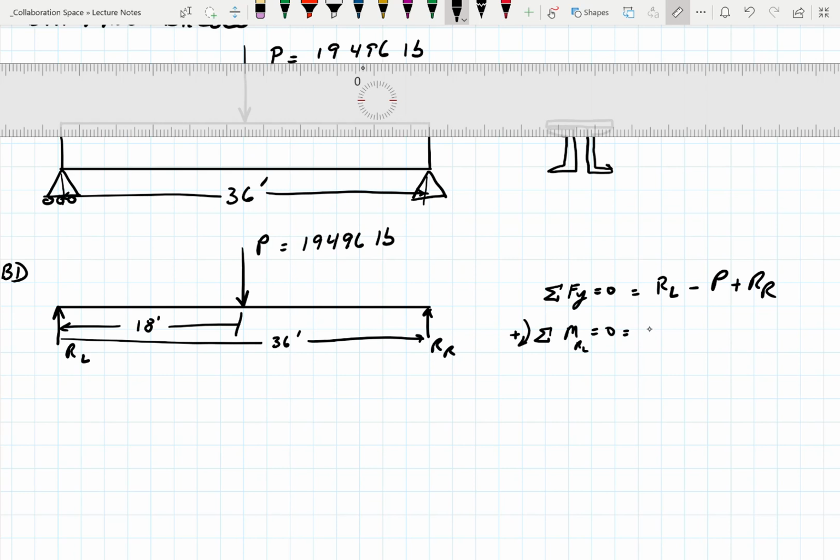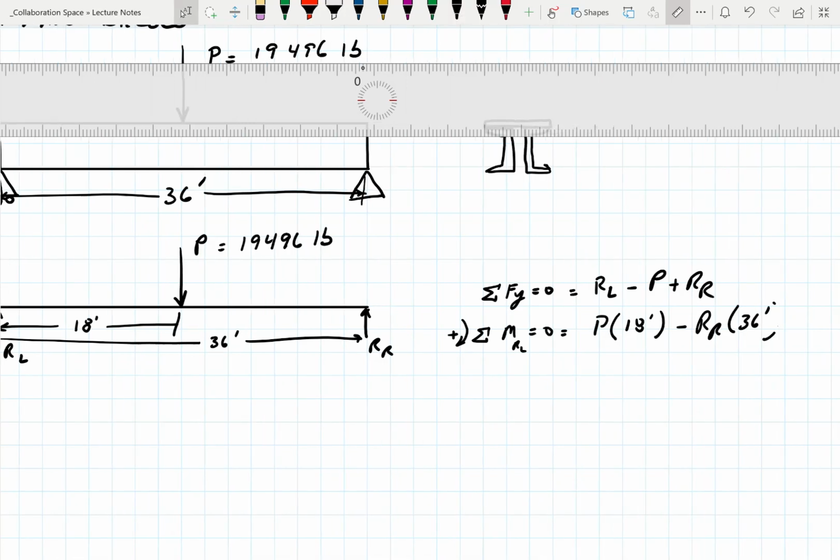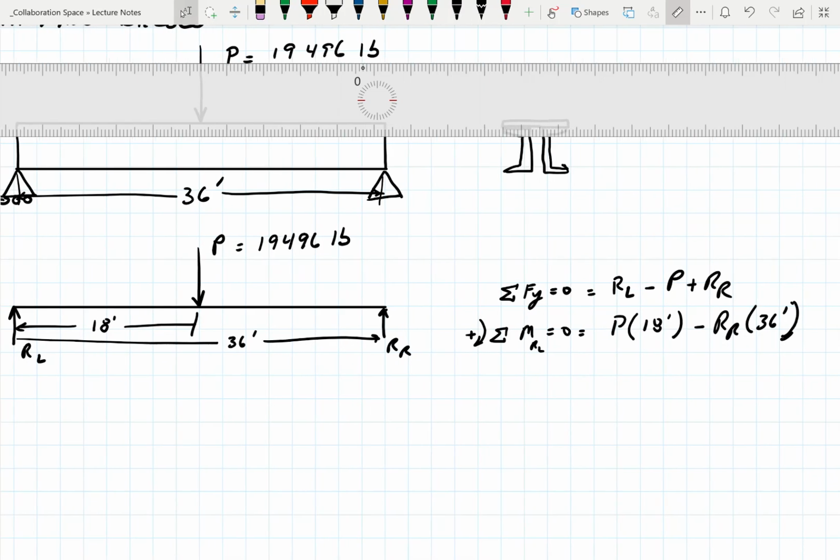So that leaves me with P times 18 feet minus RR times 36 feet. Okay? Is P positive?